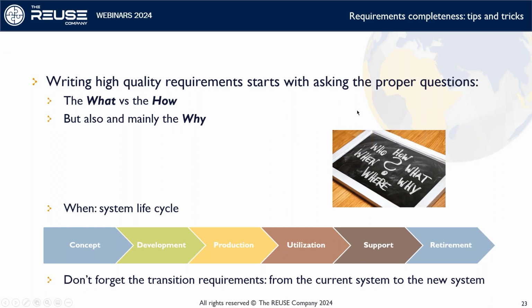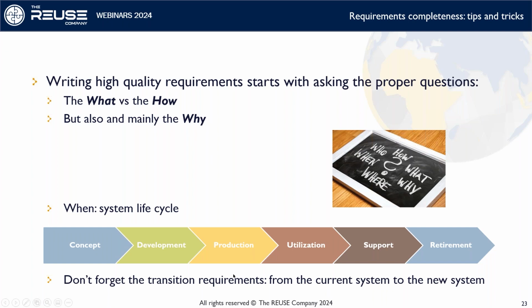Depending on when this is happening, we need to ask ourselves the question why, and the why is usually what will answer the question about how necessary the requirement is. If we don't know why we're writing the requirement, then this might result in finding out that this requirement is not necessary. So the why here is also very important.